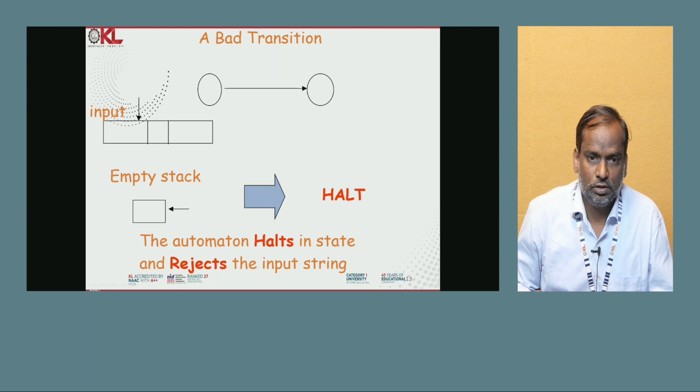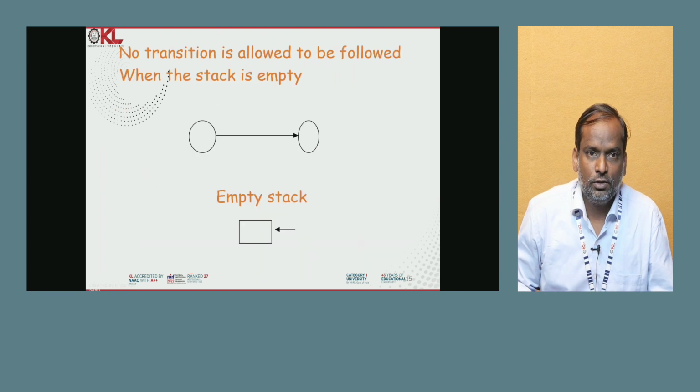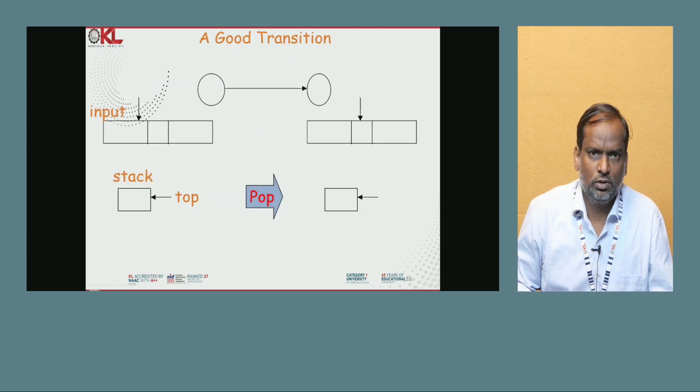It will halt and the Pushdown Automaton will reject the input string. No transition is allowed to be followed when the stack is empty. A good transition considers the current input symbol and the top of the stack, then pops the stack.